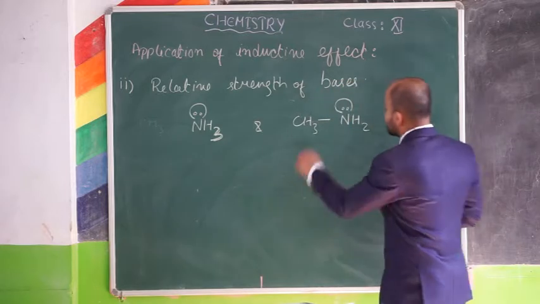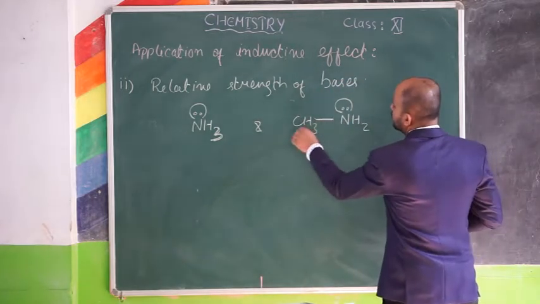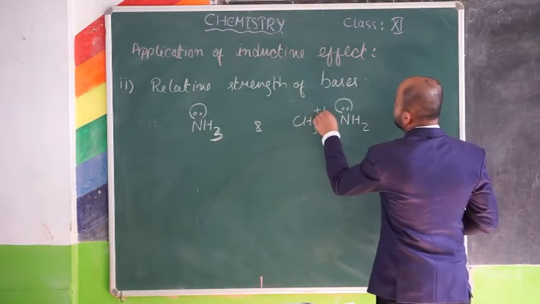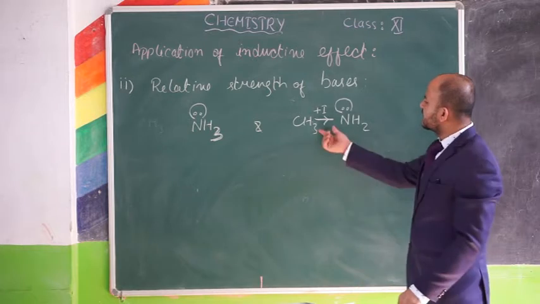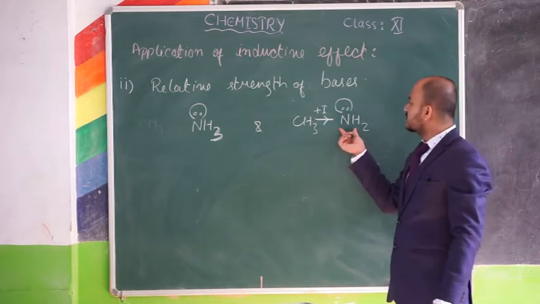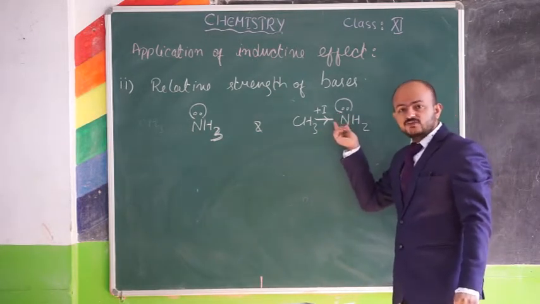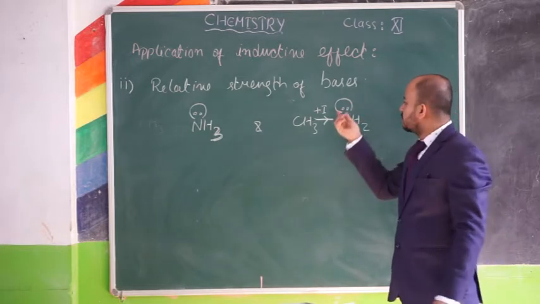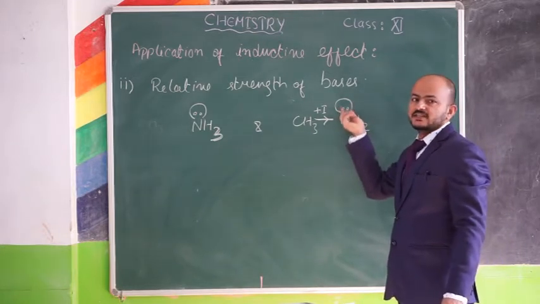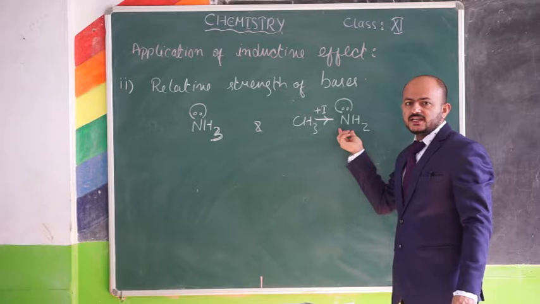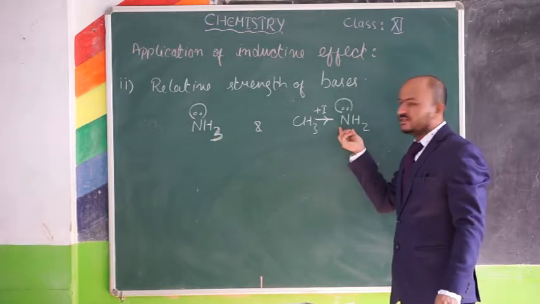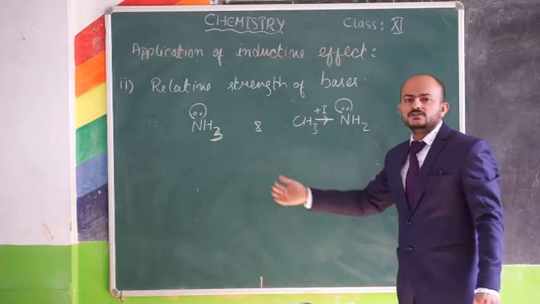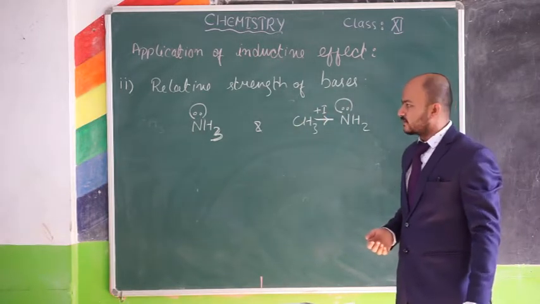Okay, so in this case you have CH3 group which will show plus I effect. Plus I effect will enhance the electron density over nitrogen. That means it will make nitrogen more electron dense. Therefore this will always be willing to donate its lone pair of electrons.